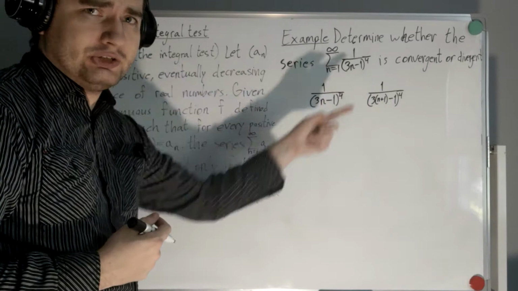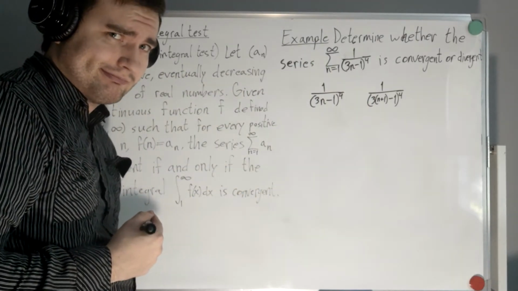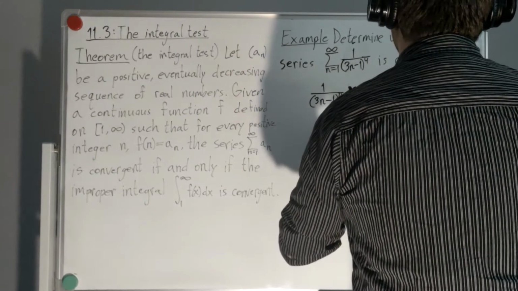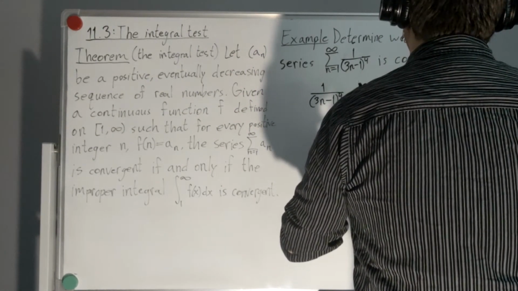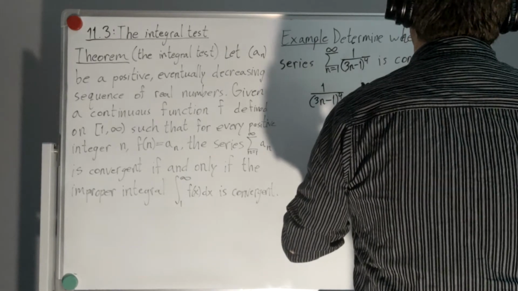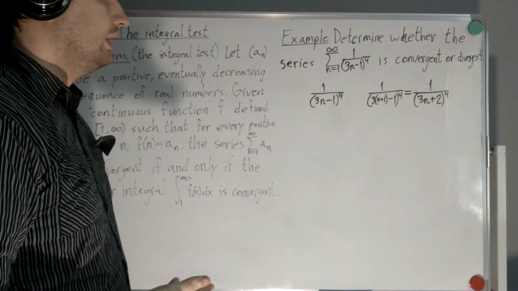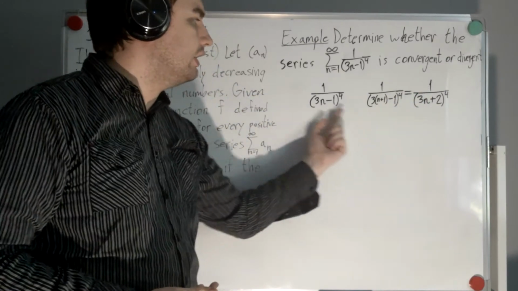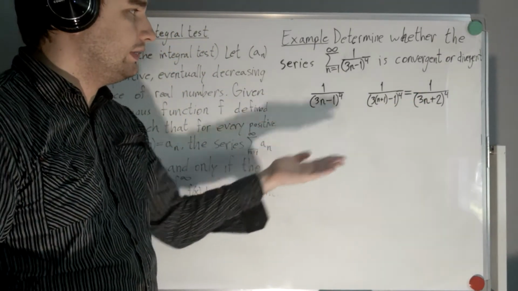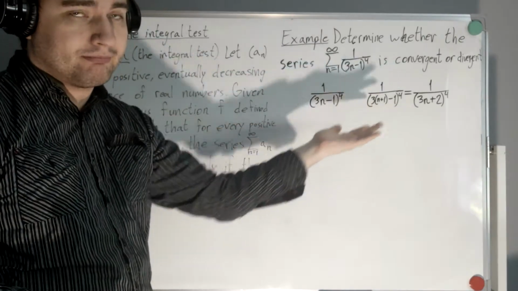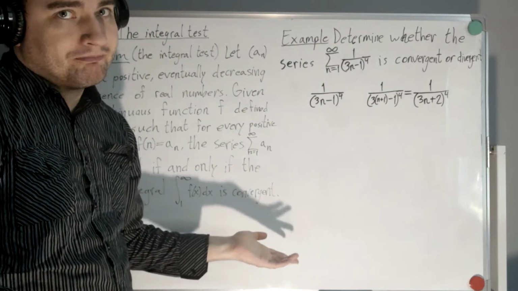That would have a larger denominator, because this would be the same as 1 over (3n plus 2) raised to the fourth power, and I'm pretty sure this number is larger than this. Well then, if the denominator is larger, the whole fraction has to be smaller.